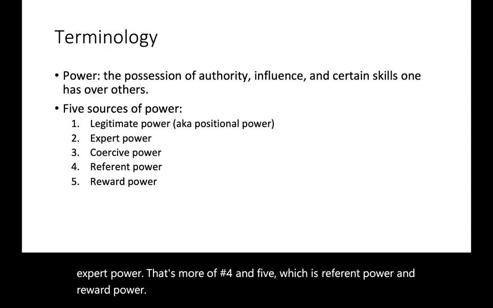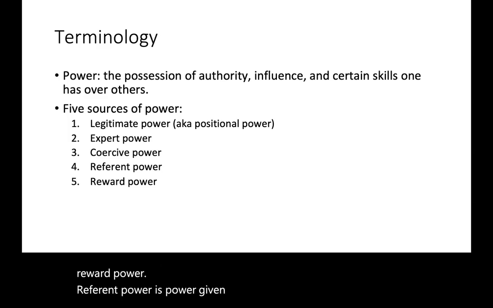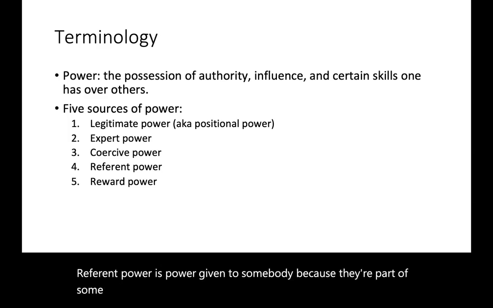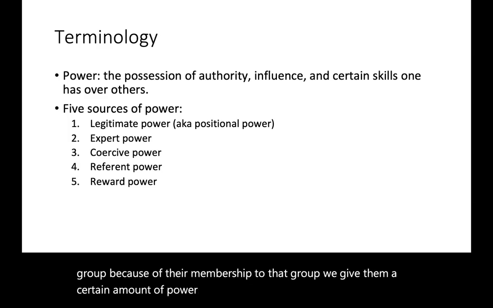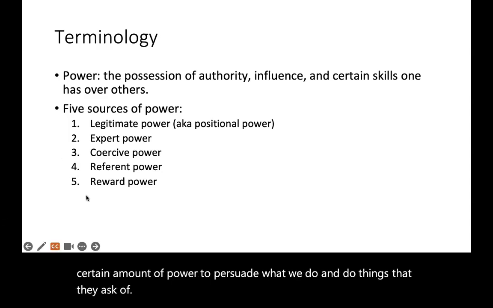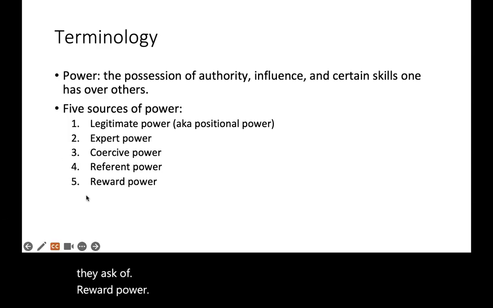Referent power is power given to somebody because they're part of some reference group. So celebrity, as an example, is a reference group. Because of their membership in that group, we give them a certain amount of power to persuade what we do, and to do things that they ask of us. Reward power is power given because someone has done something unique.